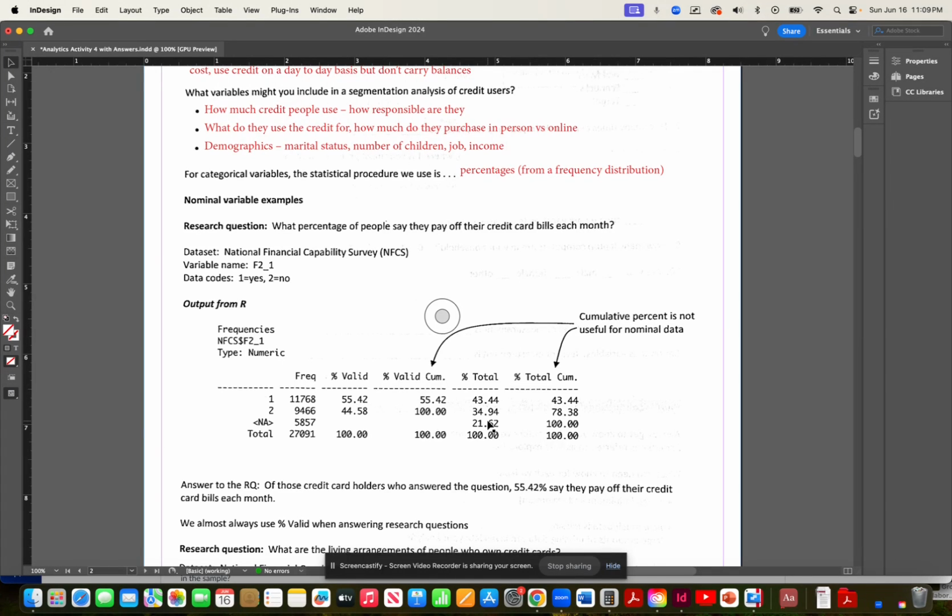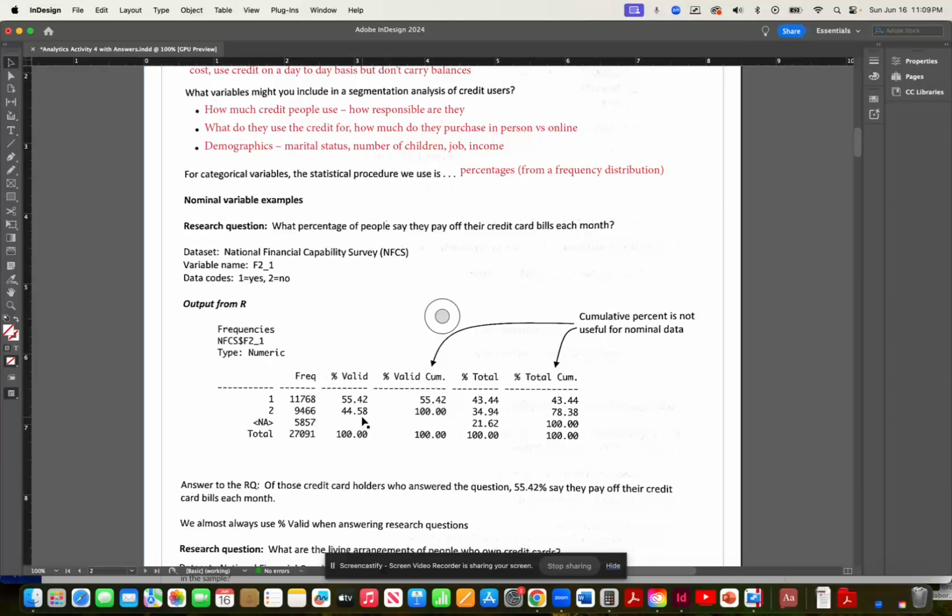And then 21.62%, that's 5,857 divided by 27,091. And as I put on here, the cumulative percent is not useful for nominal data. So we're only interested in looking at the percent valid over here.